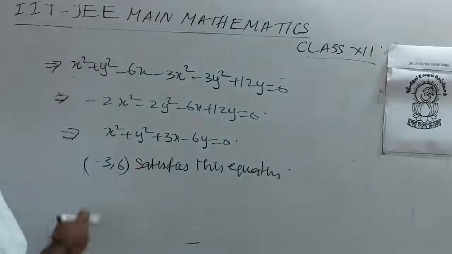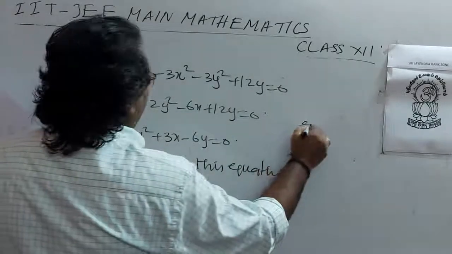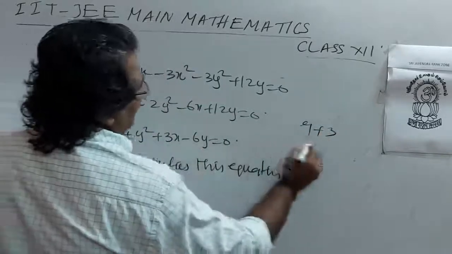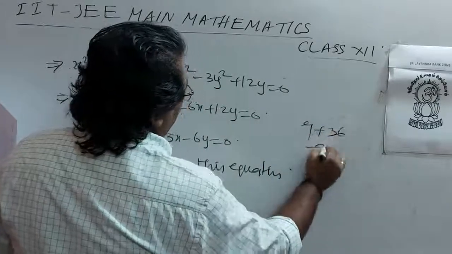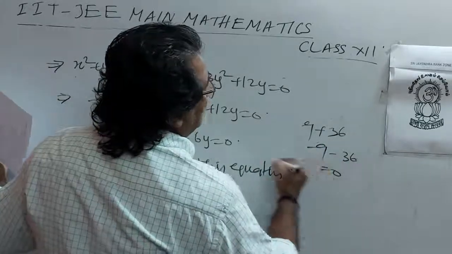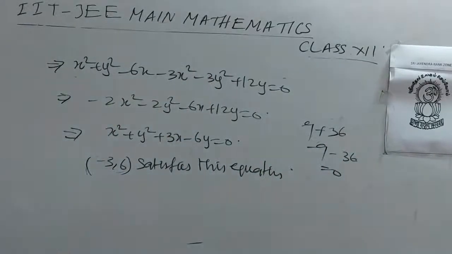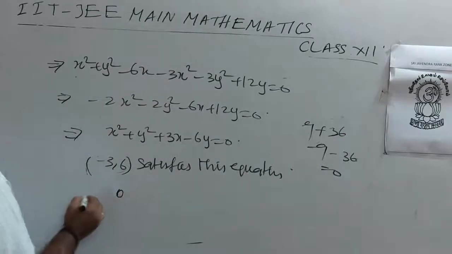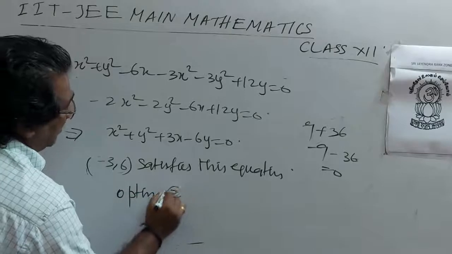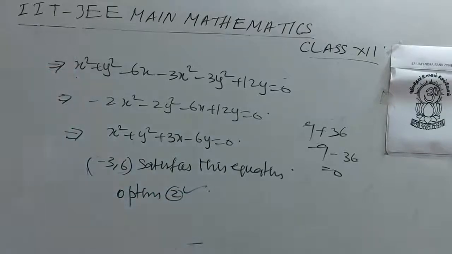The equation is satisfied: minus 3 squared is 9, y squared is 36, 3 into minus 3 is minus 9, minus 6 into 6 is minus 36, answer 0. So option 2 is correct.